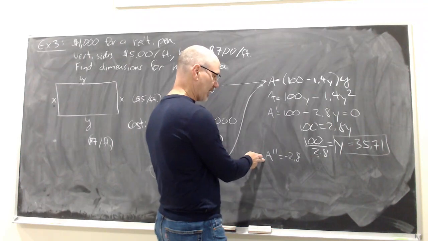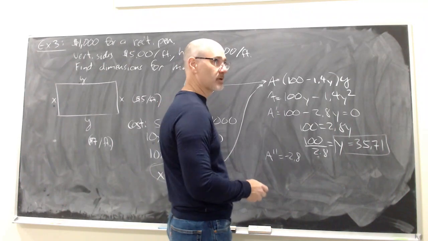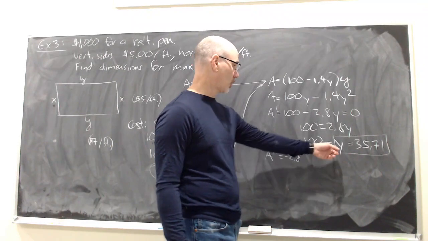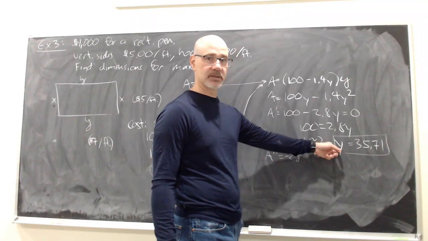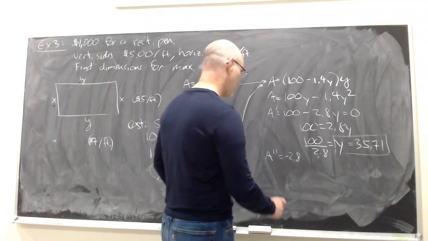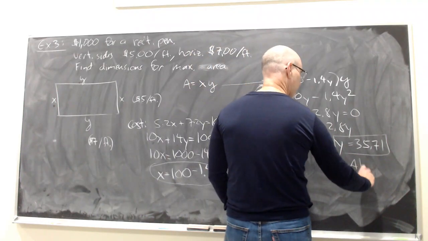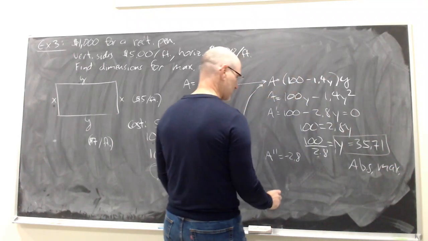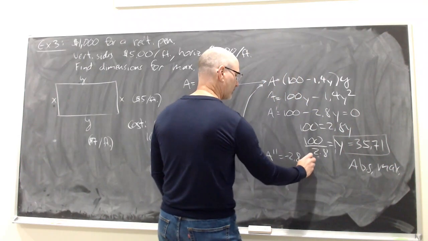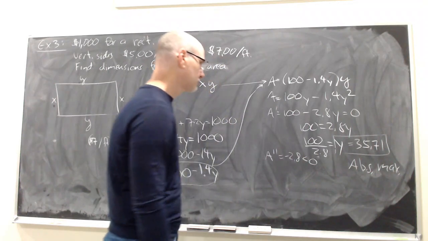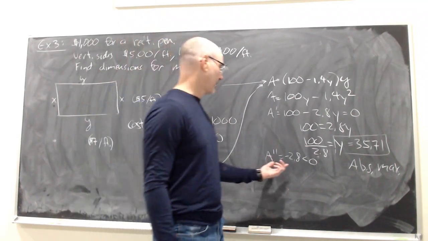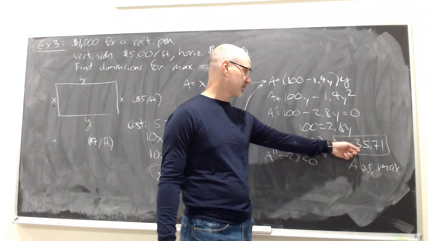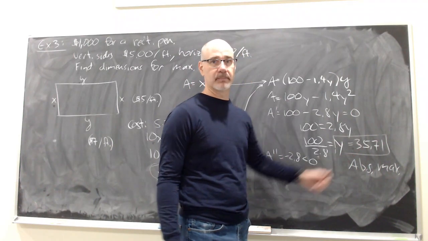This is always negative, which means the function for area is concave down always. And so our one critical point has to be a relative and absolute max, because the second derivative was negative for all possible values of y.